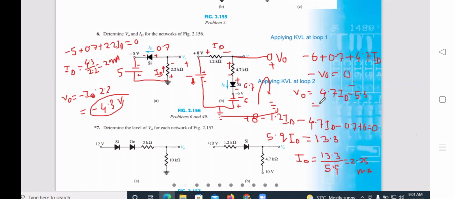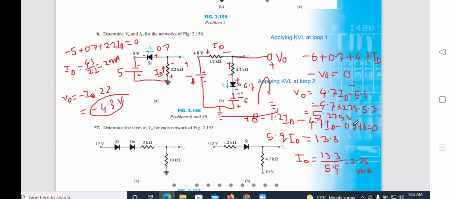So equals to 4.7 into 2.25 minus 5.3 equals to 5.275 volt.